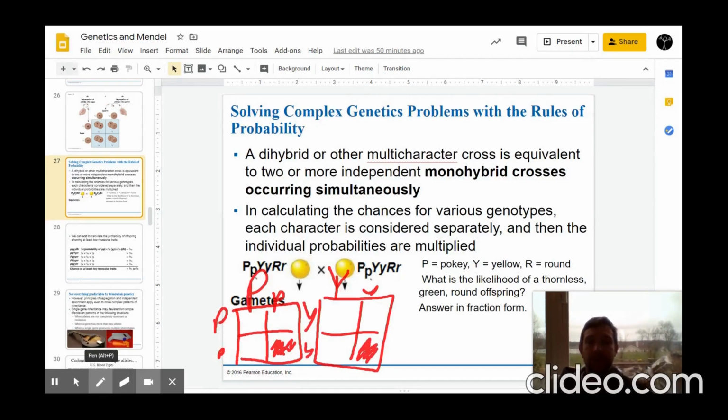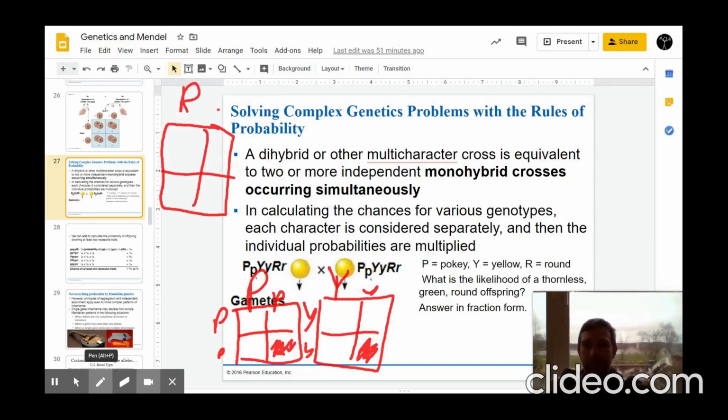And then finally, let's take a look at the likelihood of us getting a round offspring. That one's not too much more complex, because round is dominant. So we're going to be round here, round there, round there. We're only going to get this 3/4 of the time.